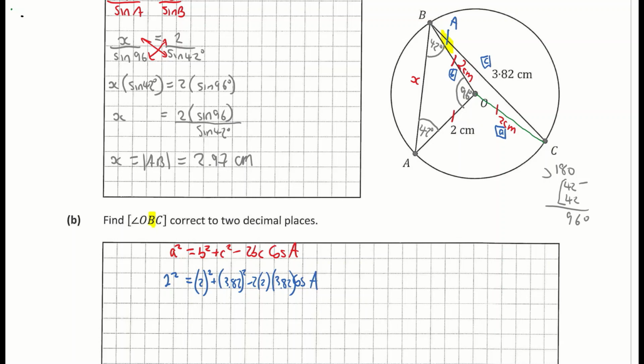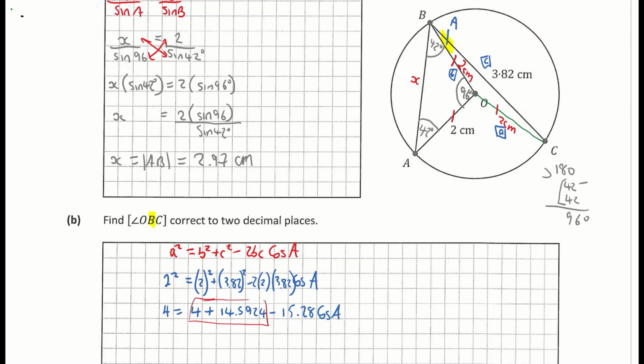Working this out, 2 squared becomes 4, 3.82 squared is 14.5924, minus 2 by 2 is 4, and 4 multiplied by 3.82 is giving me 15.28 cos A. Grouping these together, I'm going to put these two now together.